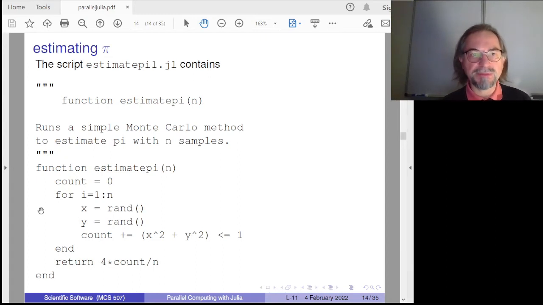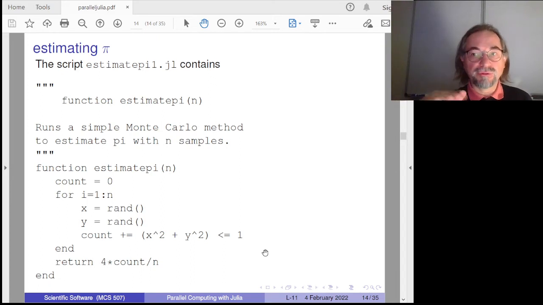So we are estimating the area of the first quadrant of the unit circle. The count here checks the distance from the origin. If that distance is less than 1, so it's the distance squared, but if you take the square root, it's the same. If the sum of the squares of the two random numbers is less than 1, then you are in the first quadrant of the circle and you count this as a success.